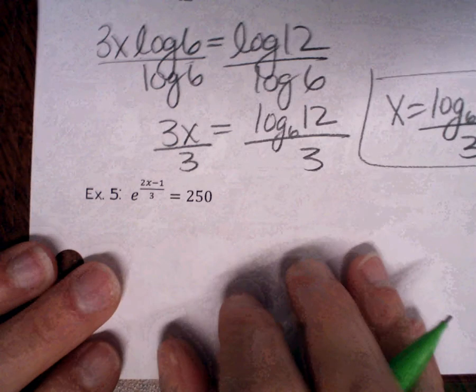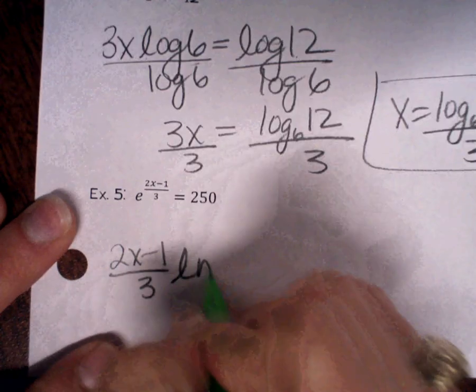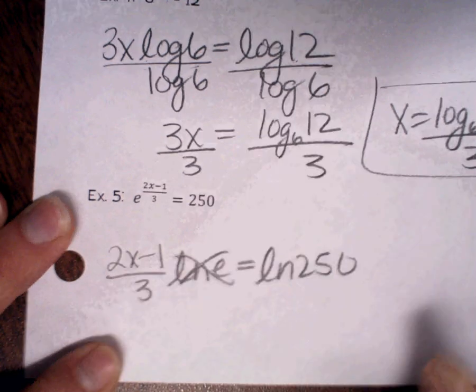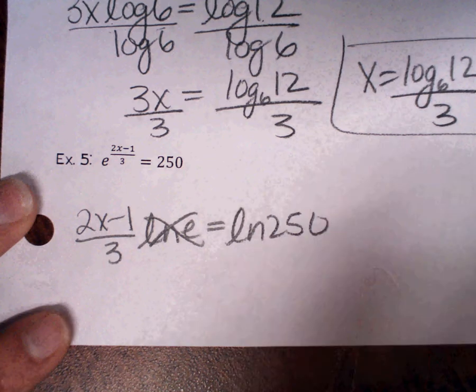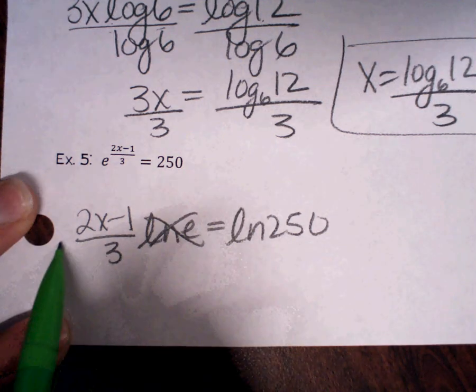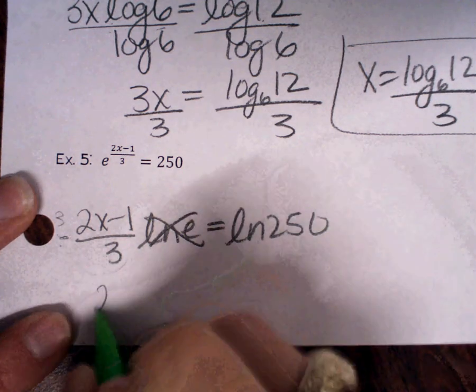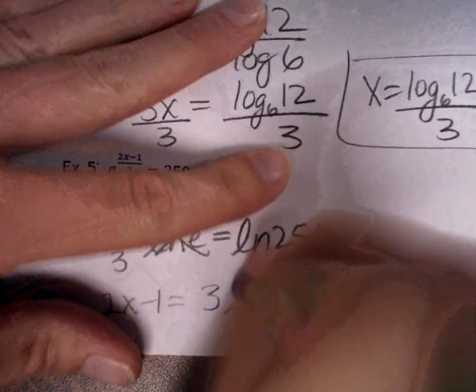Okay, next one. We have an e, which means we're going to ln both sides, ln 250. Cross off ln and e, because that's really 1. The first step would be to multiply by 3, because I can't do anything on top before I get rid of this. So 2x minus 1 equals 3 times ln 250.